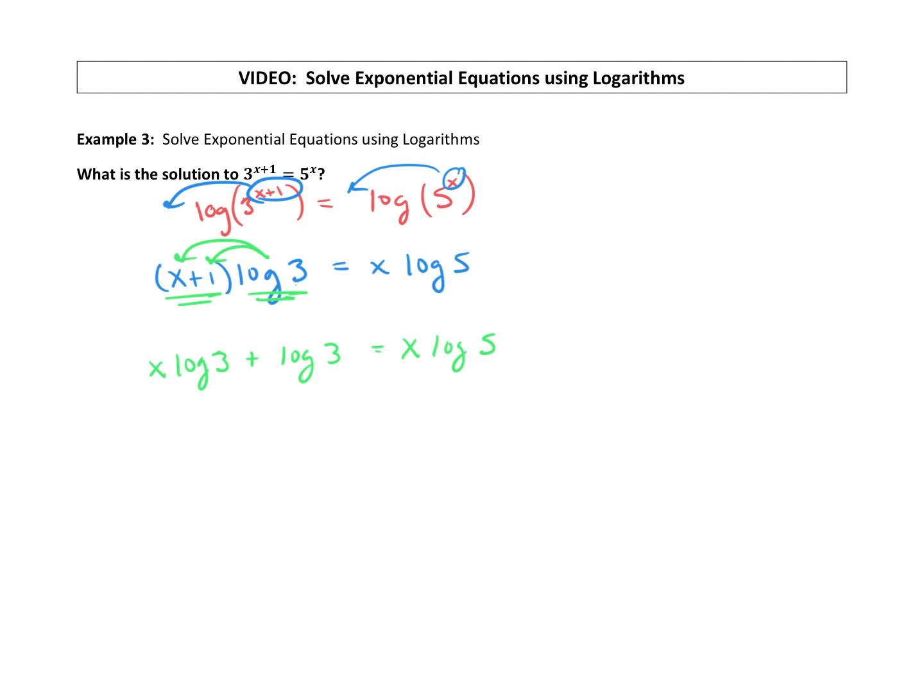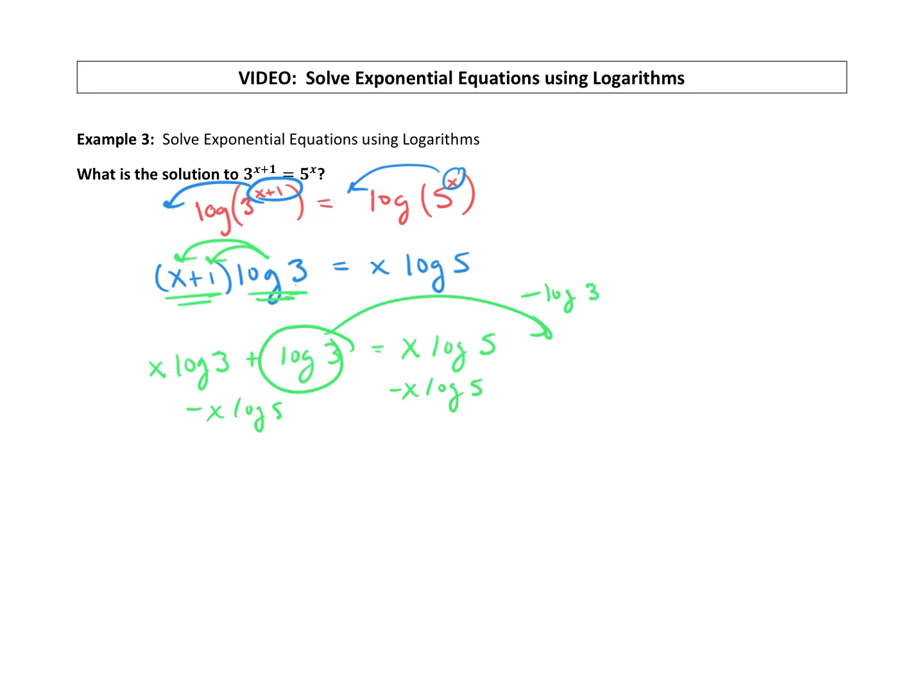Now what we want to notice is that we're solving for x, right? We have an x here and we have an x here. So let's get our terms that have an x to the same side. We can take that x times the log of 5 and subtract it from both sides. At the same time, I want to get this log of 3 over to the other side by subtracting a log of 3.